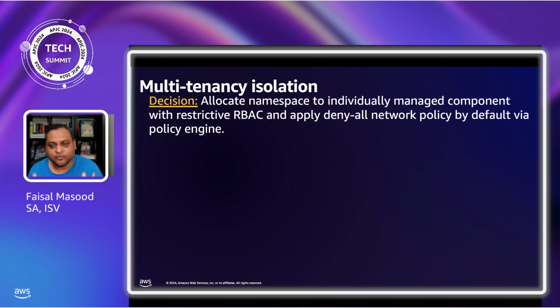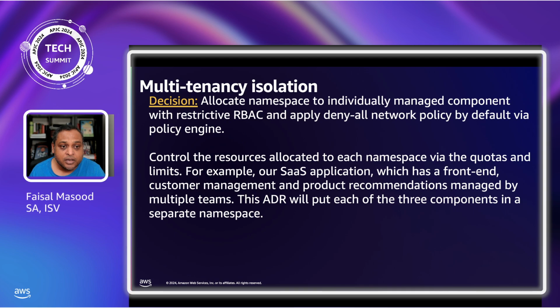So it's a very full sentence. It's covering RBAC, network policies, and namespaces per component. The second part is that we want to manage the hardware allocated to particular components, so we'll use quotas and limits within namespace boundaries.